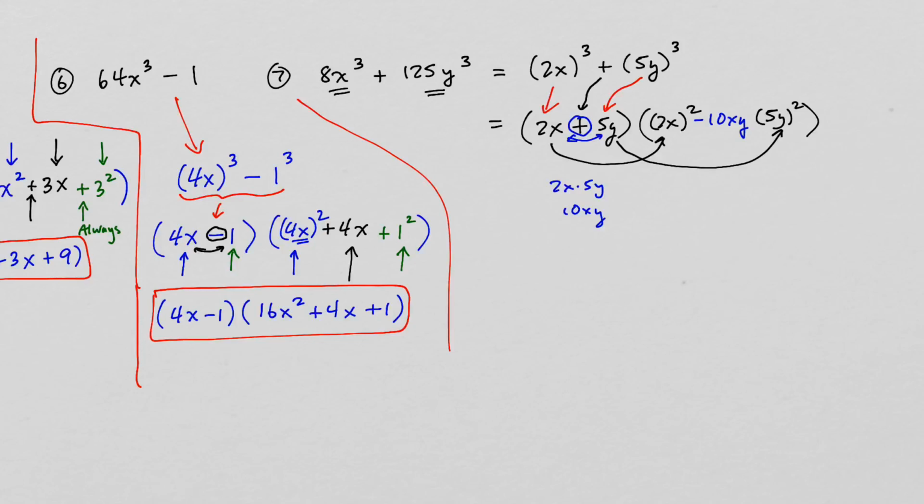And one other thing I forgot to mention, on the 5y quantity squared, this is always a positive. And so now we just got to clean this up. So our answer is 2x plus 5y multiplied by 2x quantity squared is 4x squared minus 10xy and then plus 25y squared.